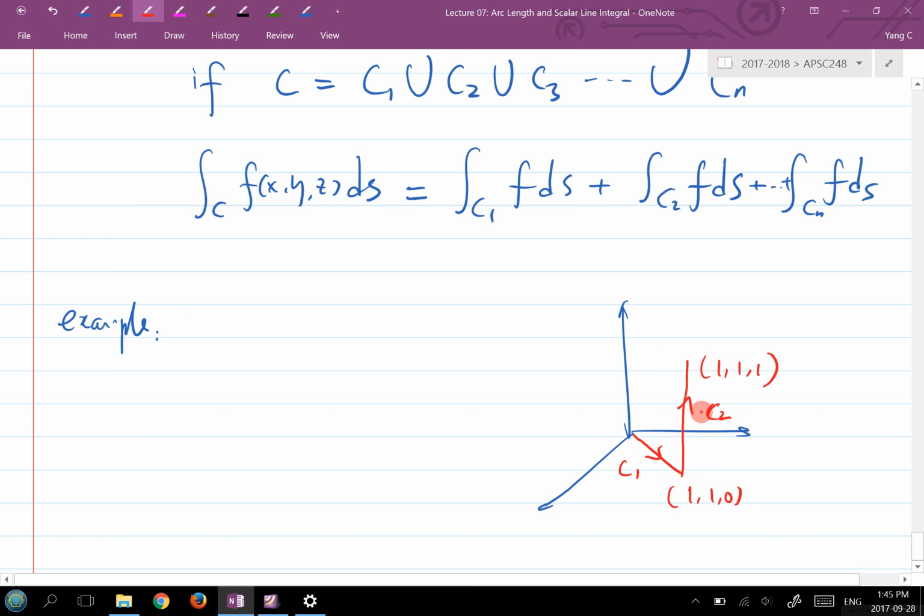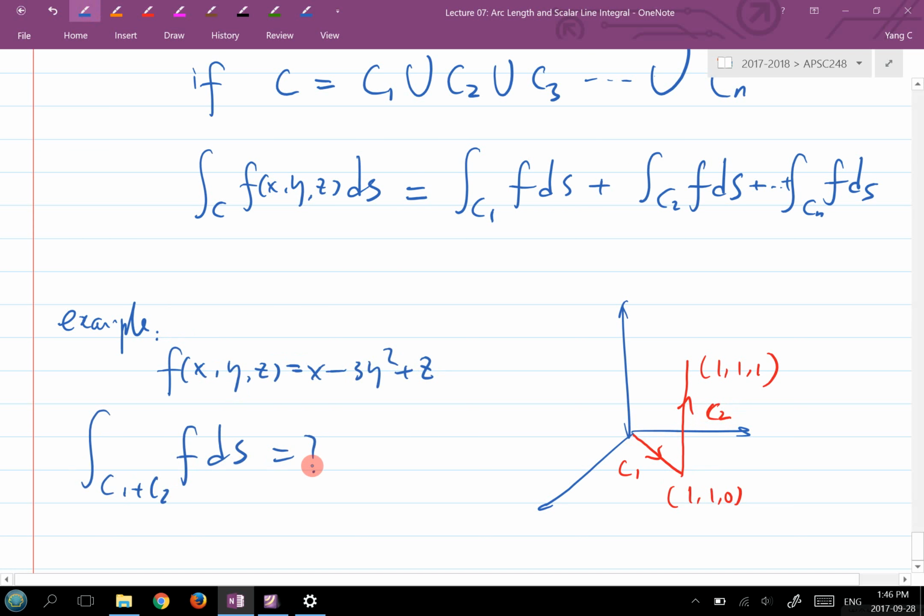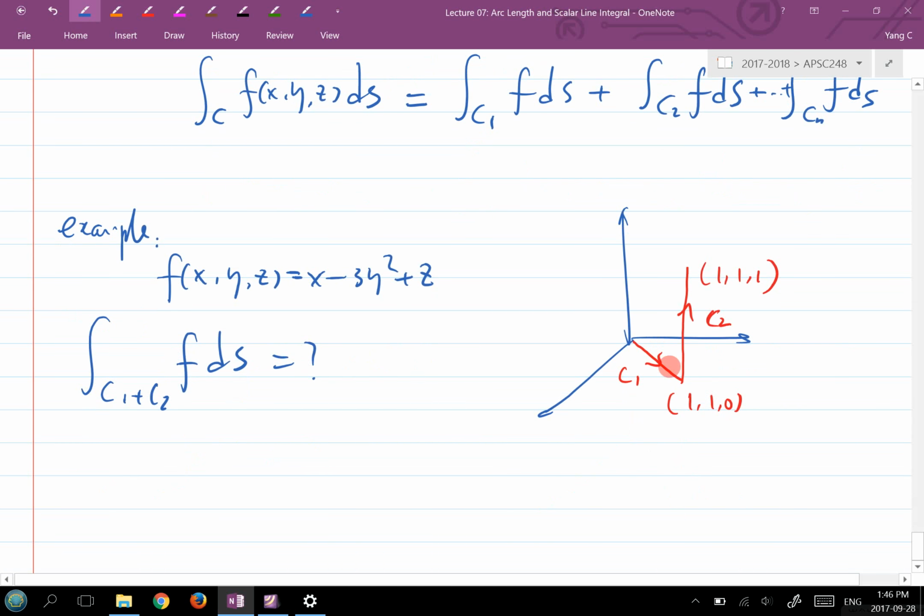Here we want to do the same thing, and I'll give you the same vector function. We want to integrate the vector function through C1 and C2. I'll talk about this in the next lecture, but it's fairly straightforward now. You can even try to do it yourself. First step, get a parametric equation for C1 and C2, which we did, and then apply the formulas and you can get the line integrals.